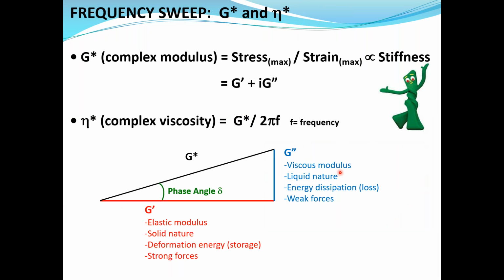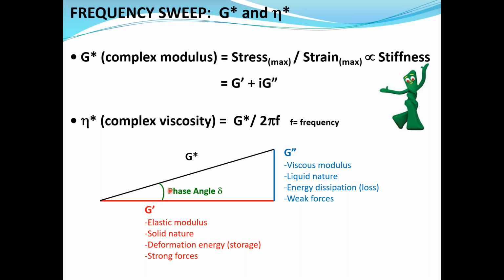Some other outputs from a frequency sweep are G star and eta star. These are complex modulus and complex viscosity values. Basically, if you make a triangle where G prime is the x-axis and G double prime, the viscous modulus, is the y-axis, the complex modulus is a combination of these values.